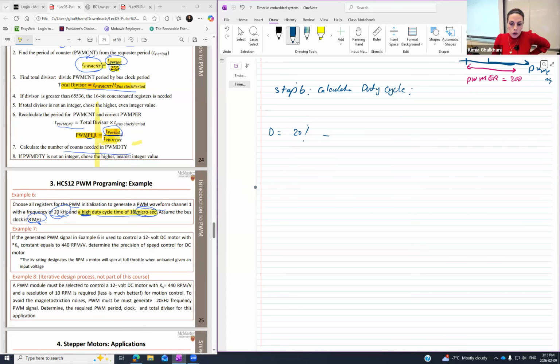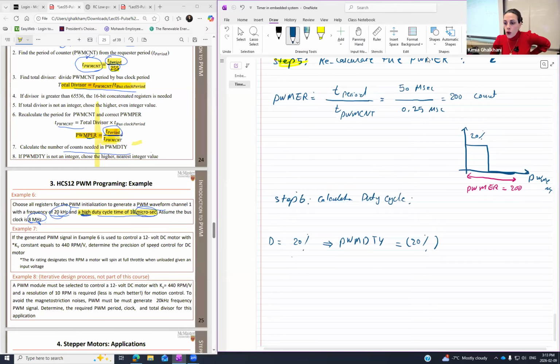If the duty cycle we calculated is 20%, from the question and calculation, then I'm going to have the PWMDTY, standing for duty cycle, 20% times my ER. I just calculated ER in here. Remember the 200. I take this one, put it down. 200. This is my PWMER, I mention it in here to make sure no one is confused where I'm getting that.